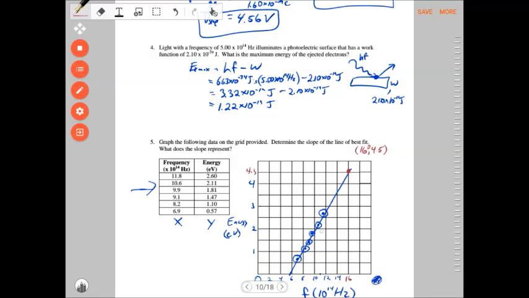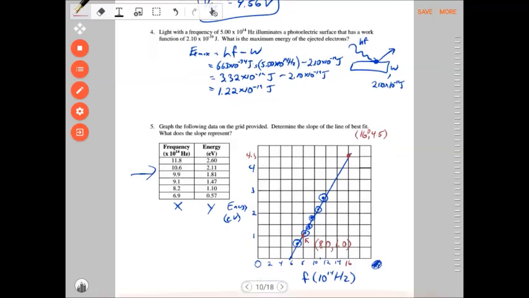Okay, now the other one. You look down the graph, and usually you can find a couple of perfect points, and that one right there, that's pretty perfect. So that's going to be 8.0 and 1.0. Okay, so actually write the coordinates. Awesome.